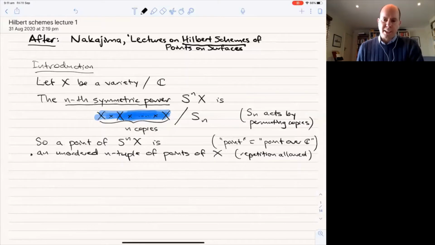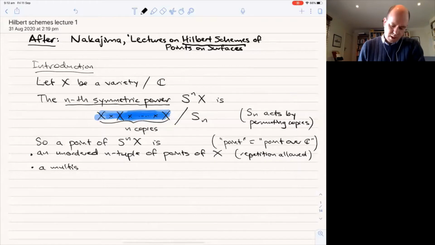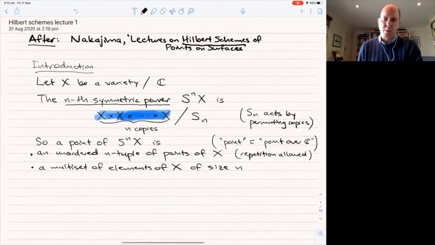So you could say it like that, or you could say that it's a multiset of elements of X of size n, where the size of a multiset counts multiplicities if you have elements of X repeated.